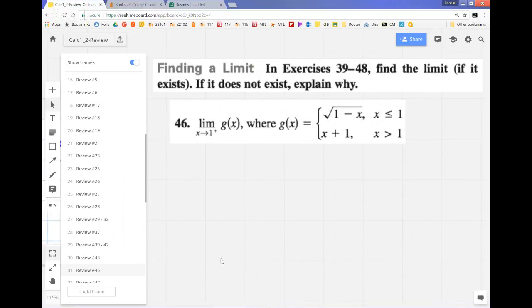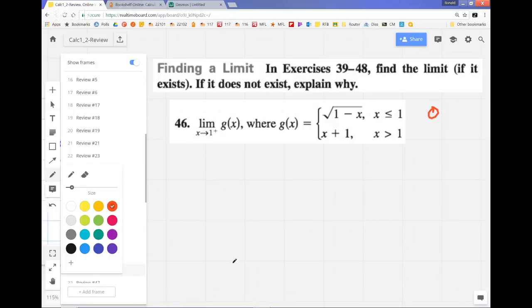All right, what's the problem? This is another piecewise, and what's the problem here? Can you substitute in a 1? You can on the top. 1 minus 1 is 0, and the square root of 0 is 0. So that one comes out to 0.